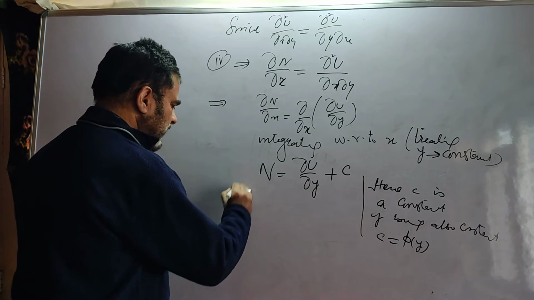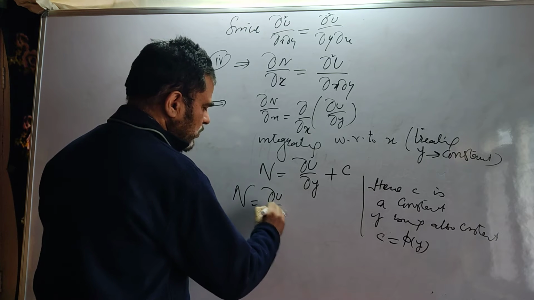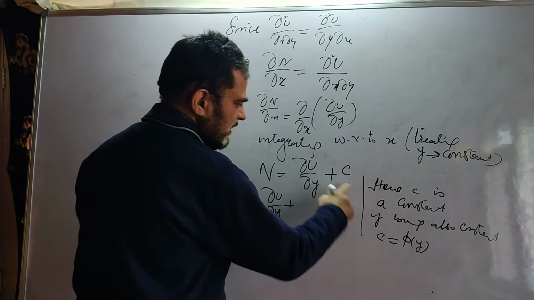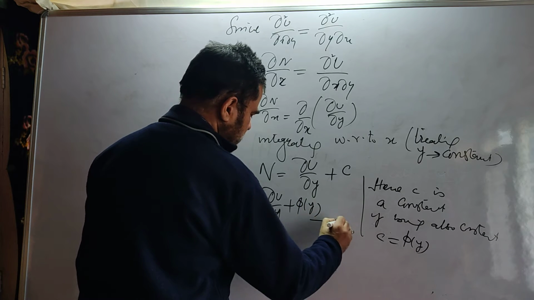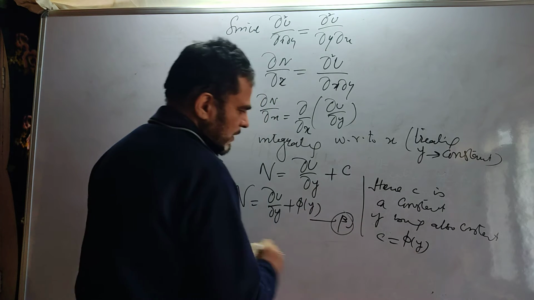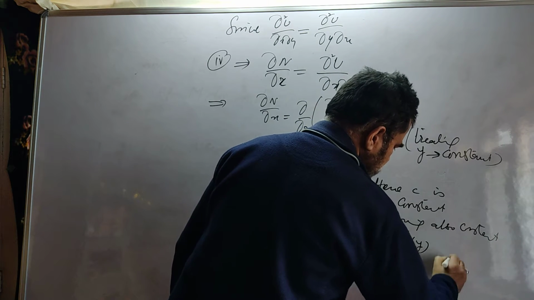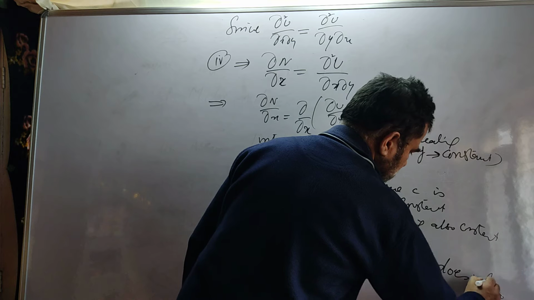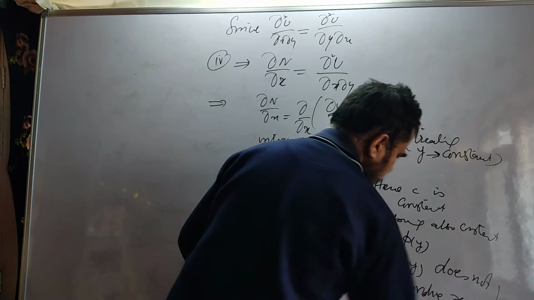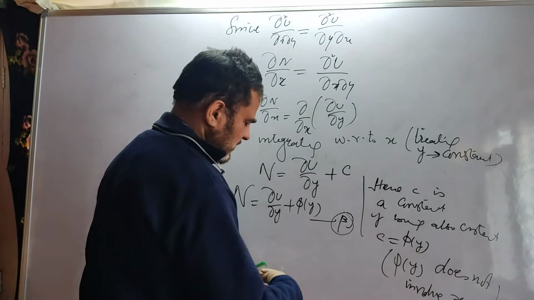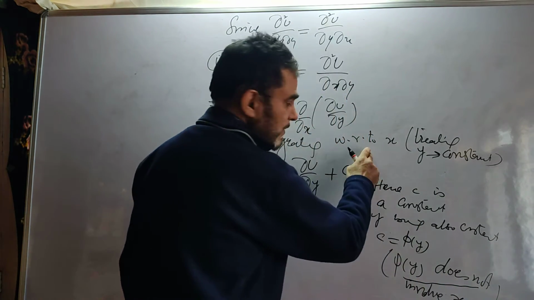So I have got n is equal to dou u by dou y plus, instead of writing this c, some function of y, let this be phi of y. Remember here, phi of y does not involve x, because our y is a pure constant in this setup.